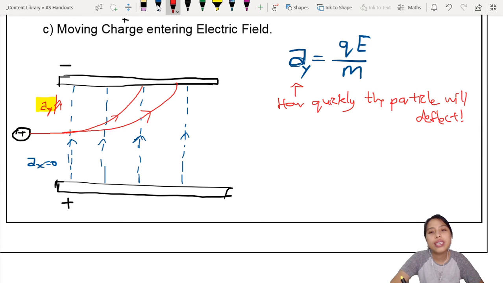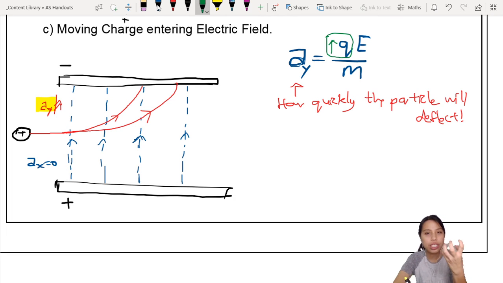Q is a factor, E is a factor, M. Let's focus on Q and M in this case. So Q is the charge. If the charge increases, do you think A will increase or decrease? If suddenly the charged particle has a very, very big charge, do you think it will go up quickly or go up very slowly and take a longer time to bend there?